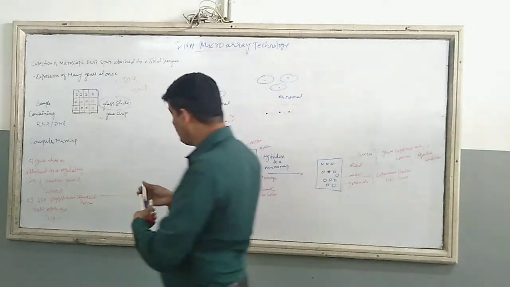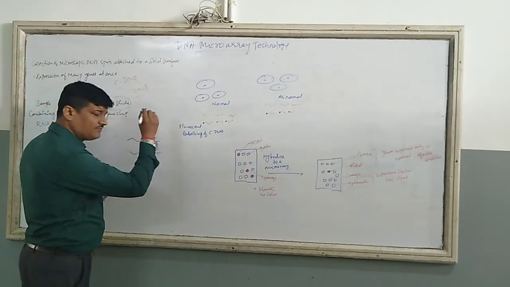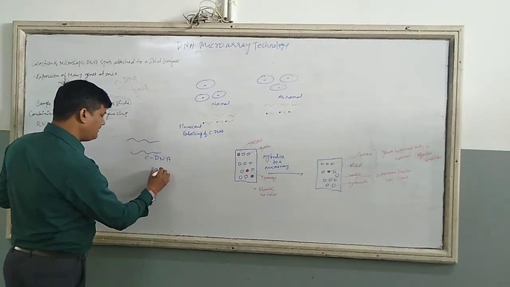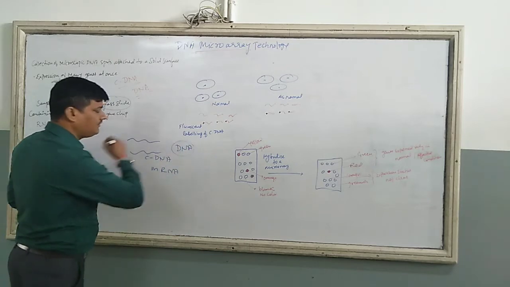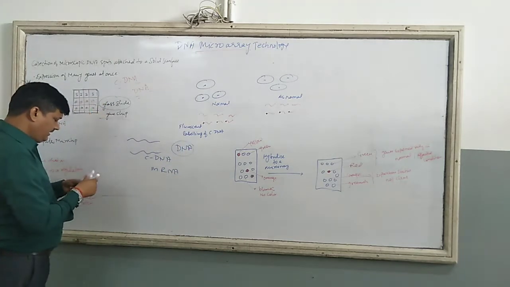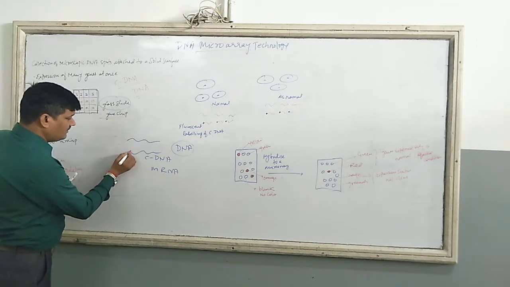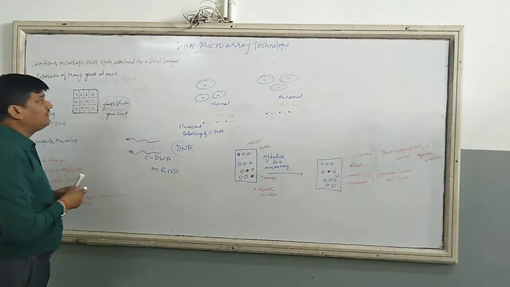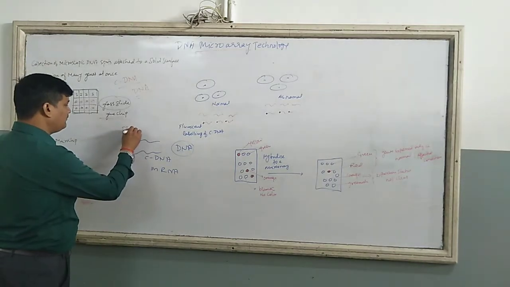Suppose this is a gene or a DNA, or we can say complementary DNA, mRNA or DNA. Here we are taking a radioactive label, and that we call the fluorescent dye.